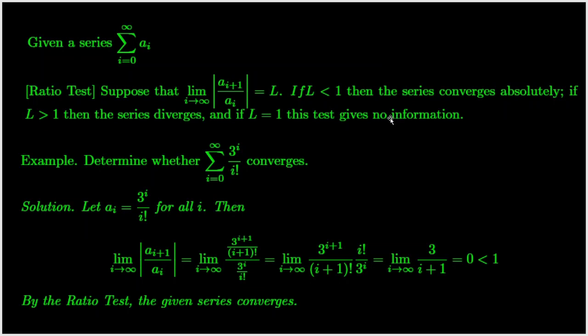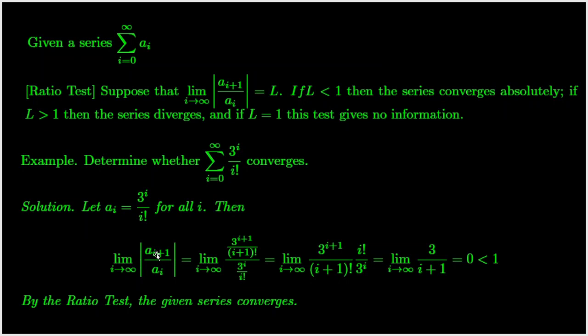We'll show you a simple example. For instance, to determine whether the series converges or diverges, identify term i. In this particular case, term i is 3 to the power of i over i factorial, and of course i runs from 0 to infinity. And then we compute the limit of the quotient. Now watch.